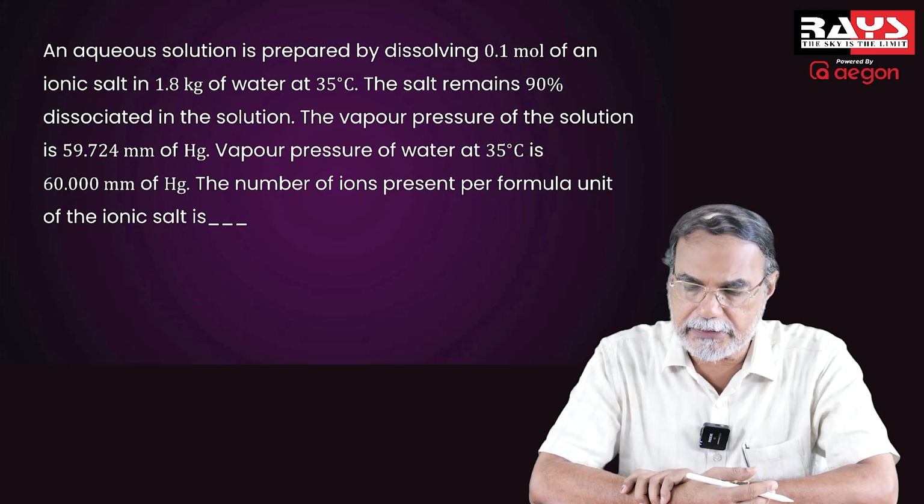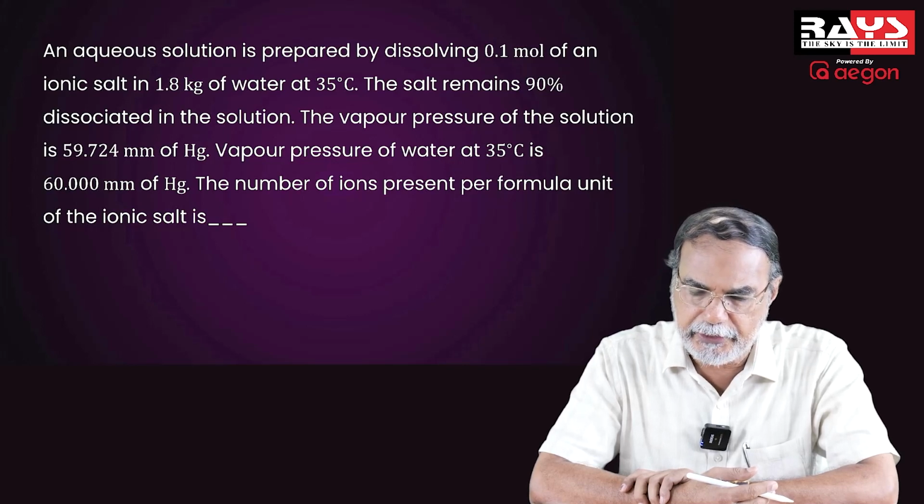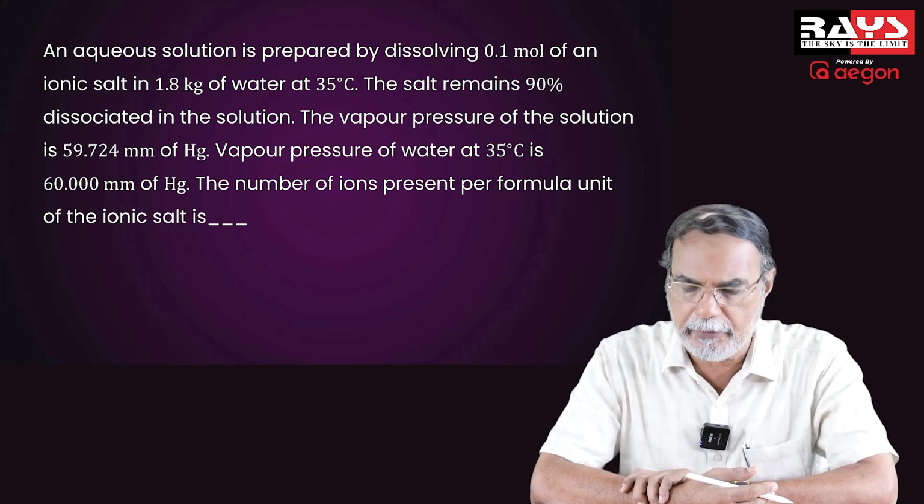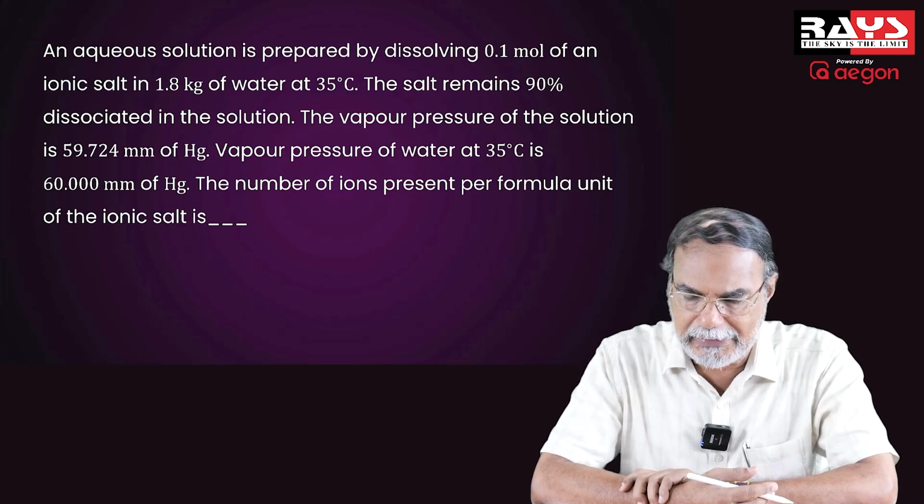The salt remains 90% dissociated in the solution. The vapor pressure of the solution is 59.724 millimeter mercury. Vapor pressure of water at 35 degrees Celsius is 60 millimeters of mercury, and the number of ions present per formula unit of the ionic salt is.